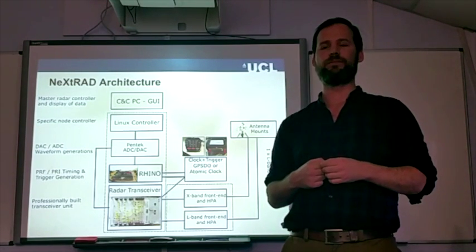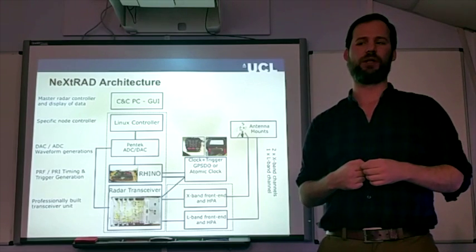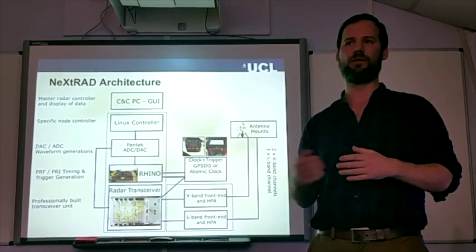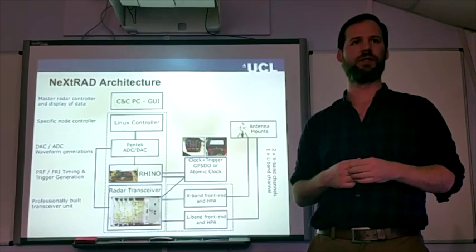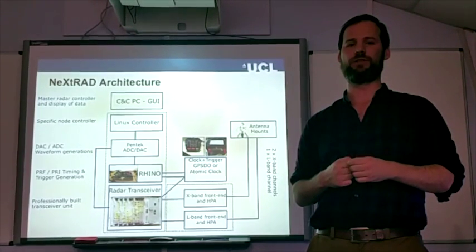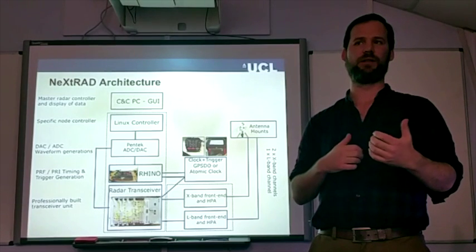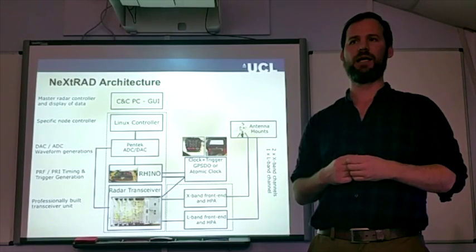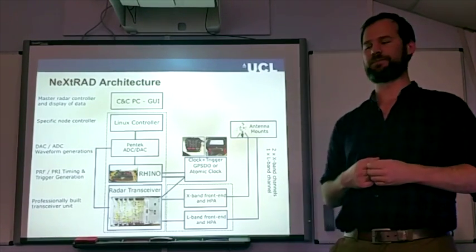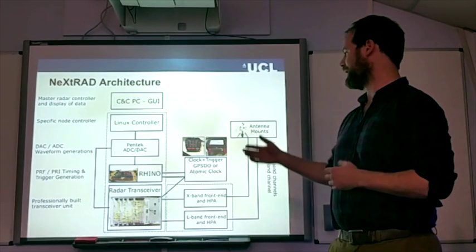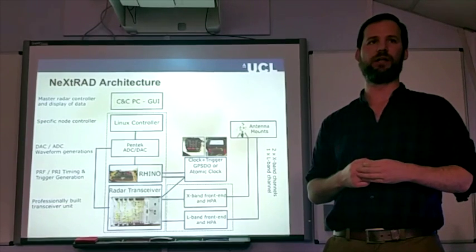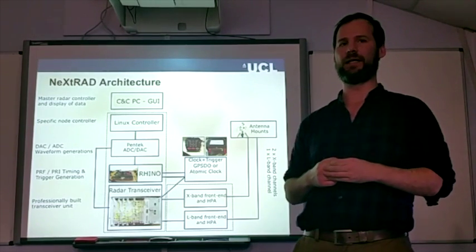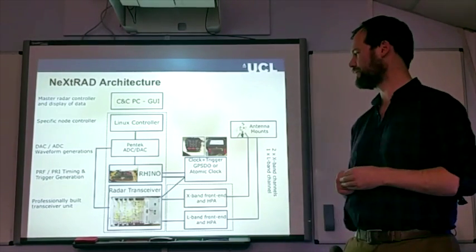We've now bought COTS units off the shelf here at UCL, and Jaraz, along with me and Francesco, are evaluating the suitability of those and looking at doing some initial experiments, integrating them into a NeXtRAD system to see how suitable they are, and then also apply them to the NeXtRAD radar. But they also have atomic oscillators within them, and that brings another variable that we can investigate in terms of free running and how long we can maintain coherence.